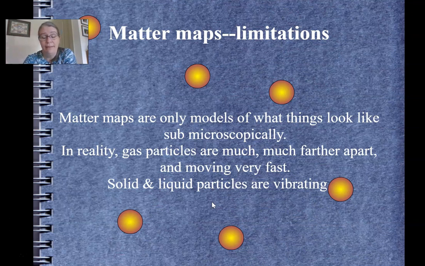And one dot is not a helpful matter map. So we had to concede when we made our model that we could scale up the size of the atom, but we would not scale up the size of the distance between atoms or molecules.